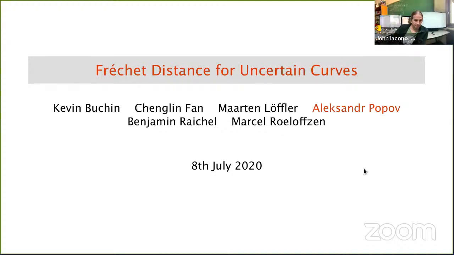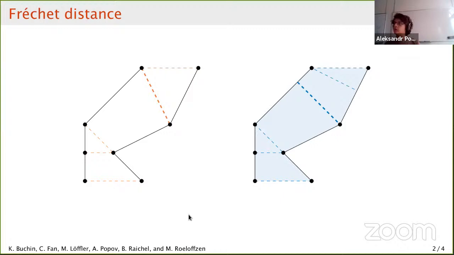Yeah, so indeed the talk was about Fréchet distance for uncertain curves, just so everyone's on the same page as to what it was about. Fréchet distance is a distance on curves which is often described with this analogy of a man walking his dog, and then they're walking along their separate curves and they cannot go back.